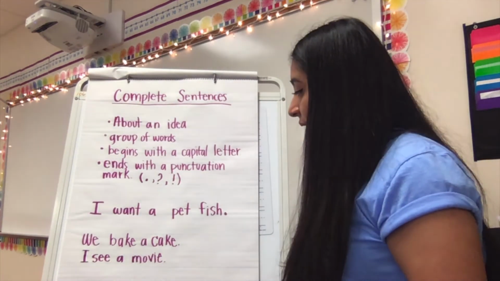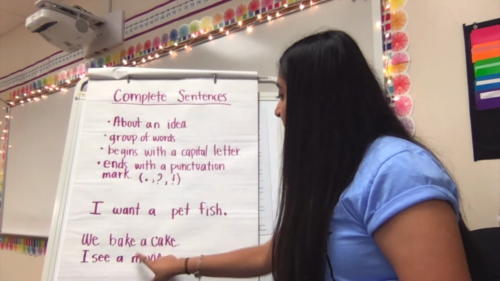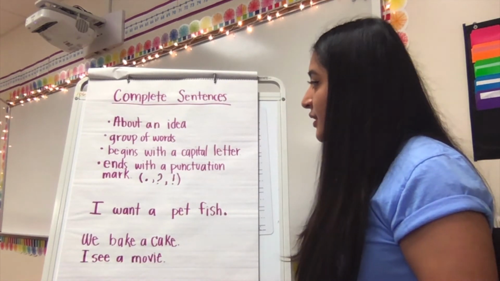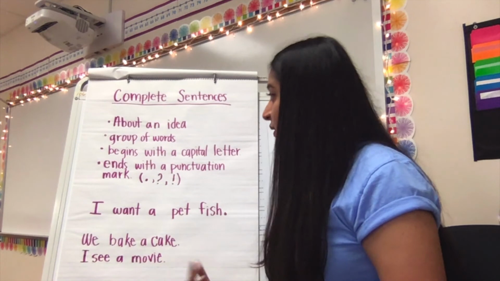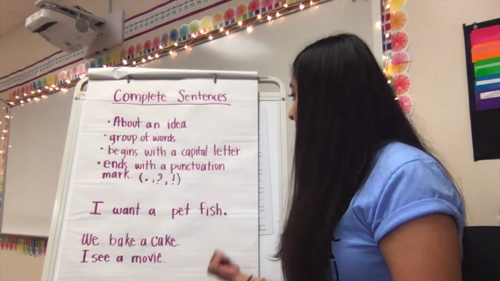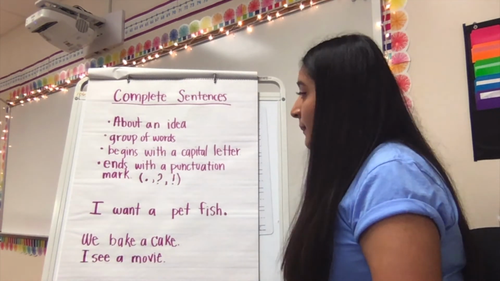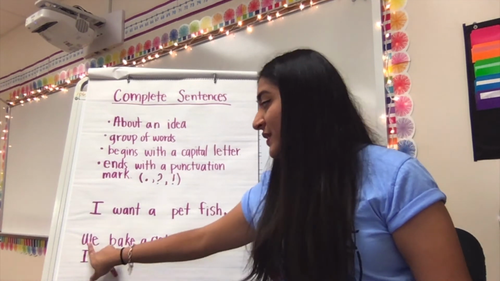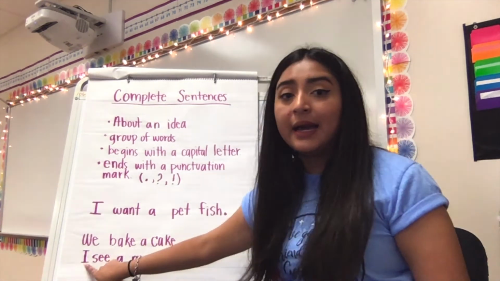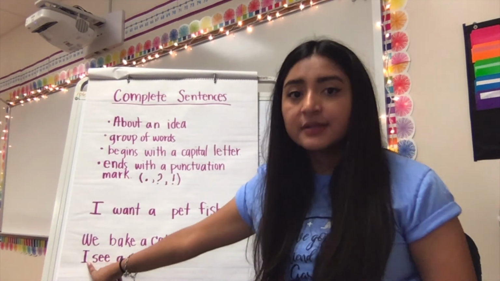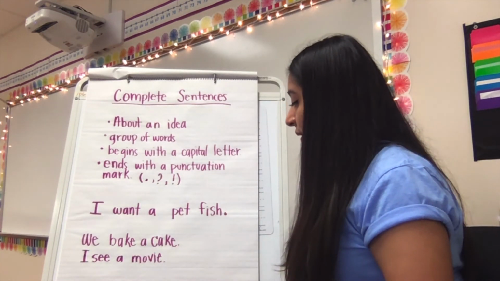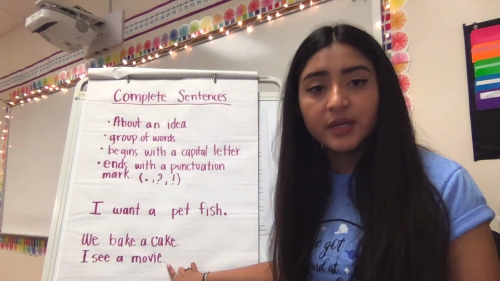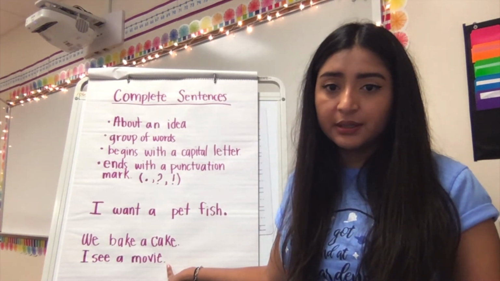So it's about an idea about how we're gonna see a movie. Is it a group of words? We can see that here we have 4 words, so it is a group of words. Does it begin with a capital letter? Here we see that our first word is I, and it is capitalized. And does it end with a punctuation mark? We have a period, so it does have a punctuation mark.